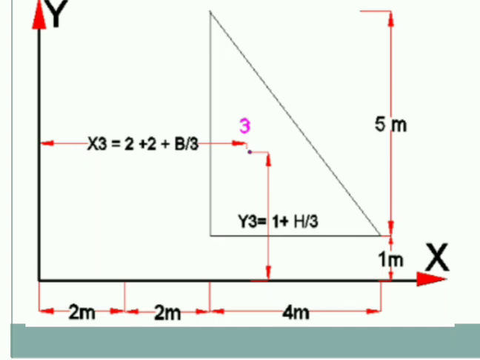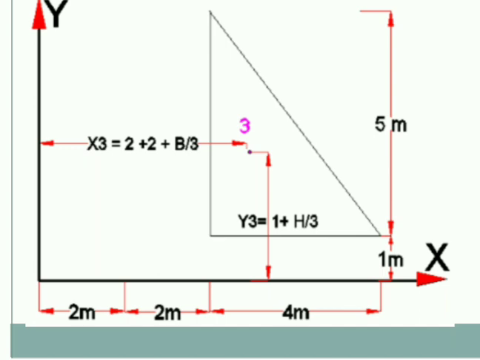And when we compute y3, it is what? h by 3 plus 1. Don't forget that because of the gap of 1 meter below, your triangle 3 is not resting on the x-axis. Again, a key point to be noted here. Your first triangle was resting on the x-axis. Look at the figure again. The first triangle was resting on the x-axis, so you directly took h by 3.